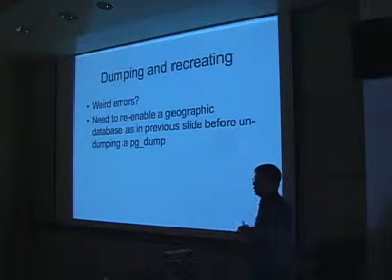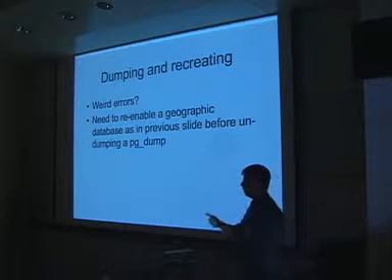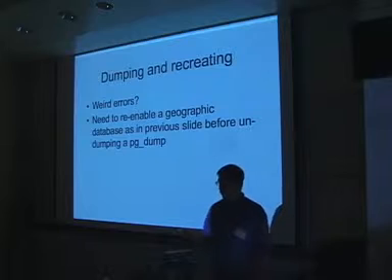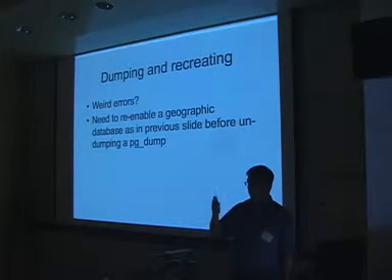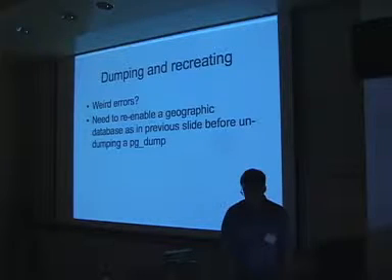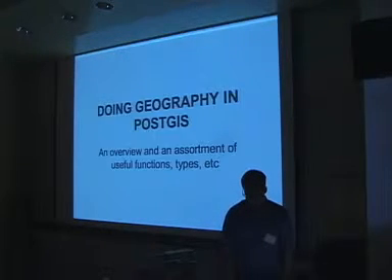If you dump and recreate and you get weird errors, make sure you have your PL/pgSQL set up first, make sure you have your spatial_ref_sys set up, and then rebuild your database from your dump. Otherwise, you won't even know how to do a geography. There are the docs, with great examples littered throughout, actually probably better than mine.